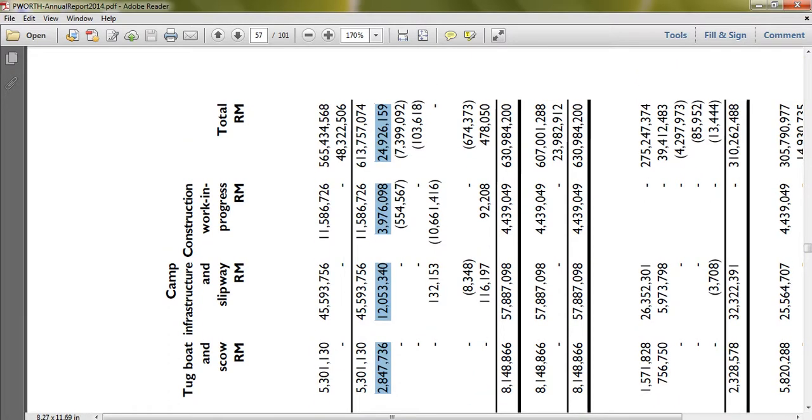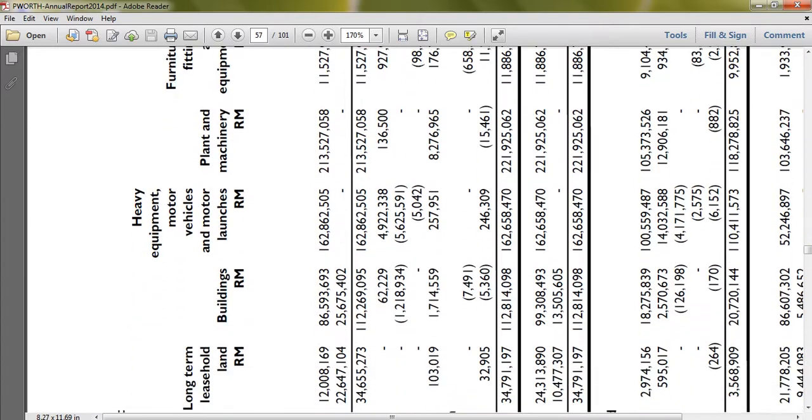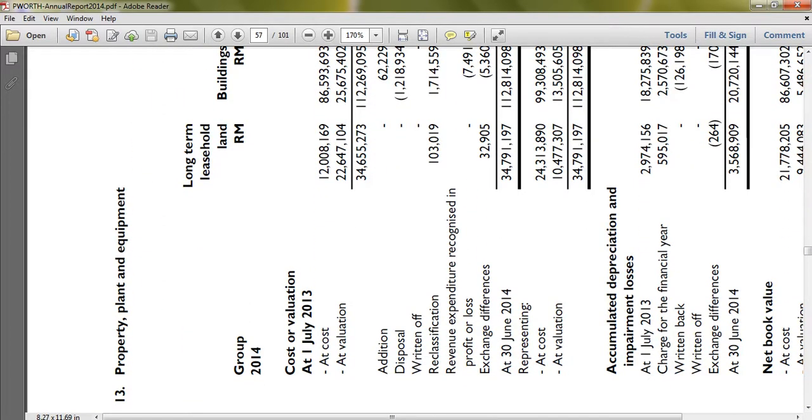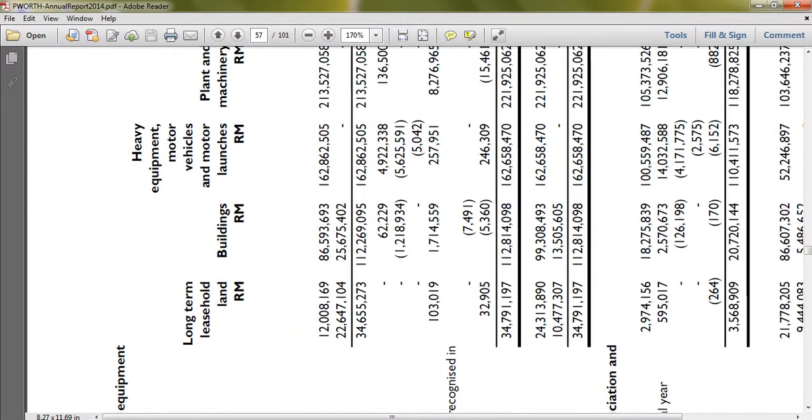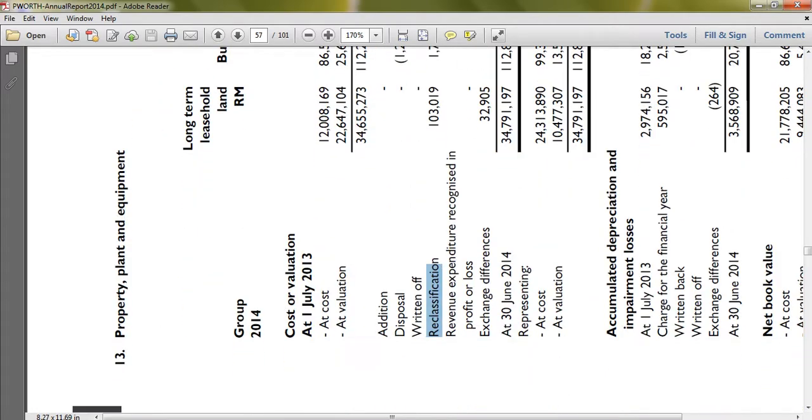Constructions in progress. So that's this one. Where is it? Write off also need to, reclassifications. Financial return back. Oh, it's very suffering to read like this.